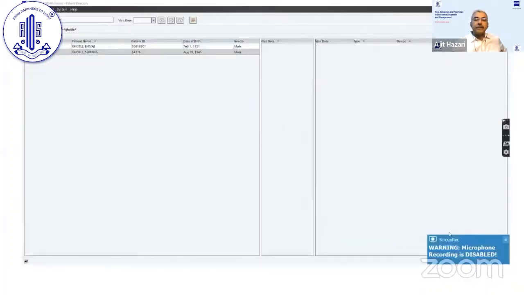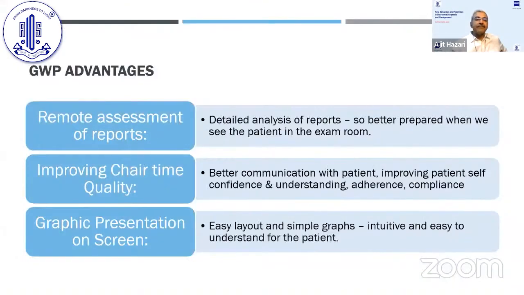So in my clinic, what are the advantages that I've come across after using Glaucoma Workplace for the last 8-10 years, since 2013? One is that, what I've acutely become aware of in the last 2 years, I don't have to sit in front of the patient and analyze all their reports.